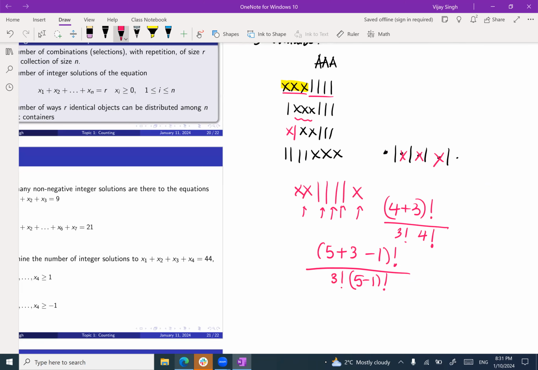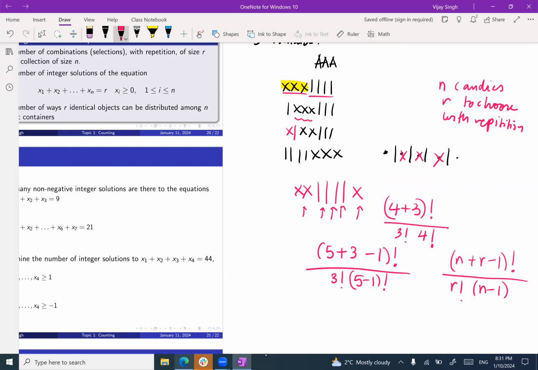If I have n candies and R to choose with repetition, this is a combination with repetition. Then we have (n plus R minus 1) factorial divided by R factorial times (n minus 1) factorial.